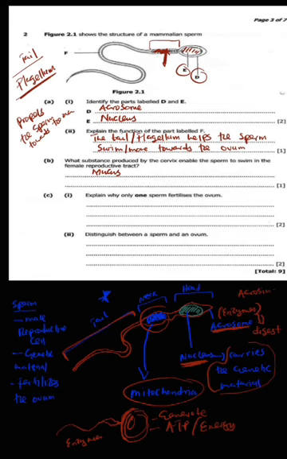Okay, part C says, explain why only one sperm fertilizes the ovum. What I also want you to know is that during fertilization, this is my rough structure of the ovum.